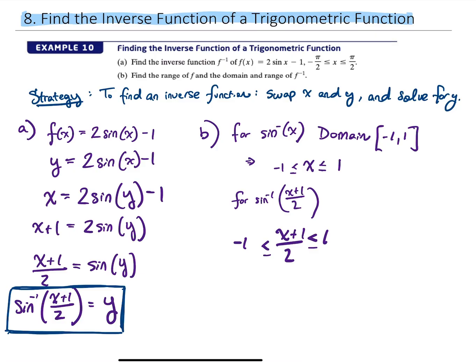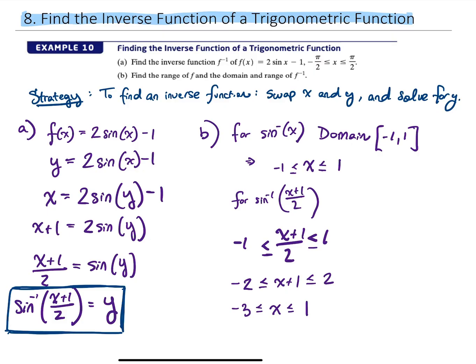So I'll multiply everything by 2. This will become -2 is less than or equal to x plus 1 less than or equal to +2. And then I'll subtract 1 from all sides. So -2 minus 1 is -3. And then 2 minus 1 is 1.